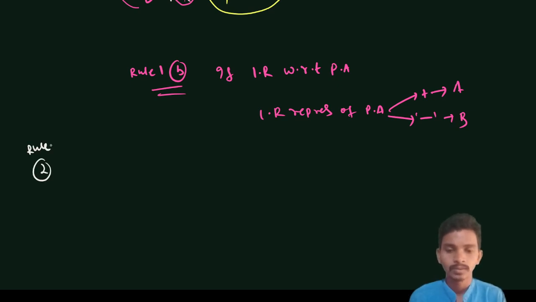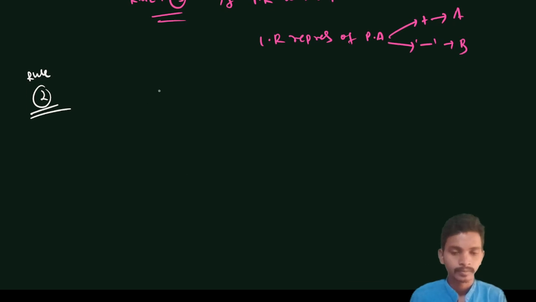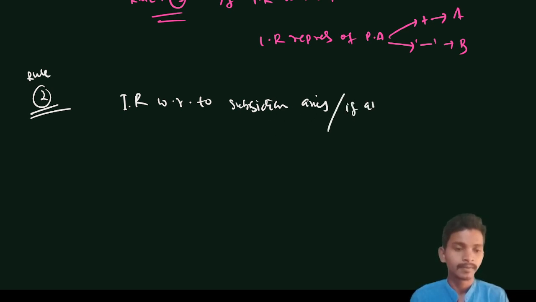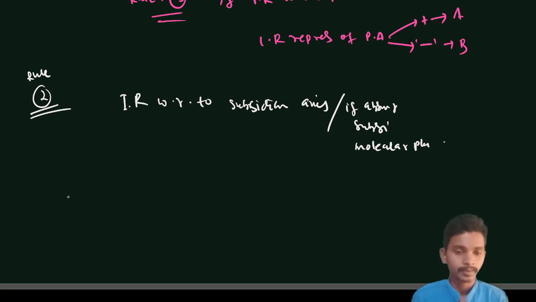Rule 2, what does rule 2 say? It says that the irreducible representations with respect to the subsidiary axis, and if the subsidiary axis is absent, then the molecular plane will be looked at.